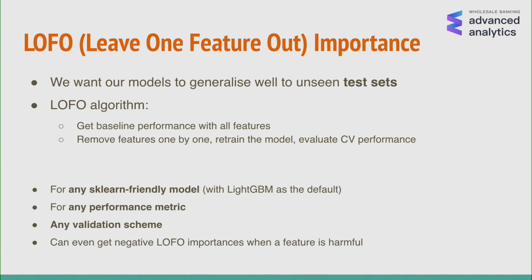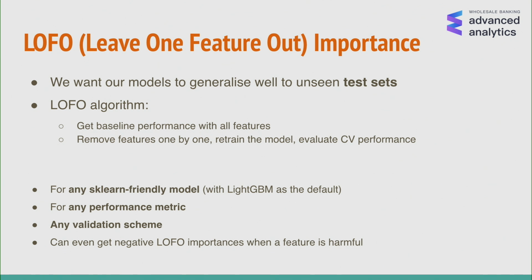What we do is, we want a model that will generalize to unseen test sets, and we want feature importances to reflect that. So the LOFO algorithm first looks at all the features. It calculates the performance metric with all the features in, and then it iterates over all the features, and one by one it removes them from the model, retrains, and evaluates a cross-validated performance.